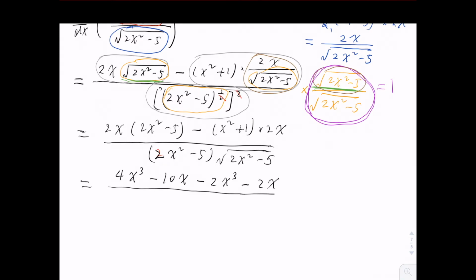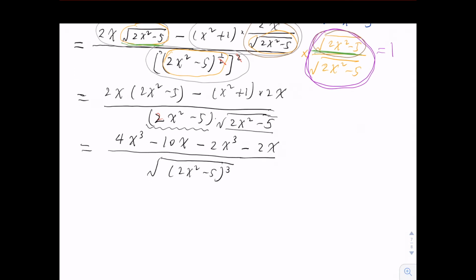With the denominator, we can leave it in this form, or if you like, I can put it as just 1 over the square root of 2x squared minus 5 to the power of 3. Why 3? Because I bring this one back into the square root, so it gives us a square, and together with the original one gives me 3. So I can leave it looking like this, or if you don't like this one, you can just leave it here. No problem. Now the last step, we're almost there.